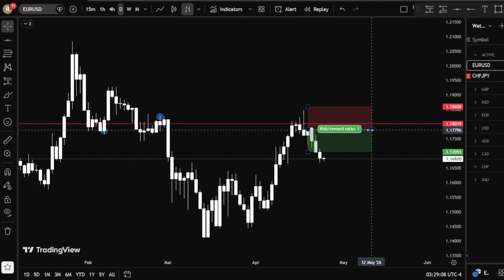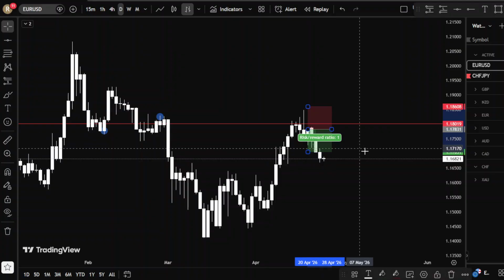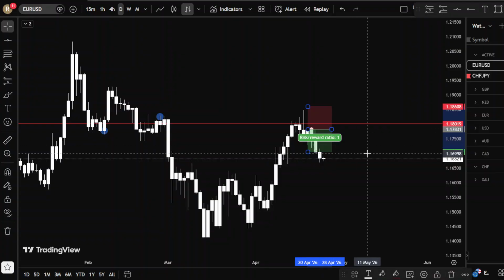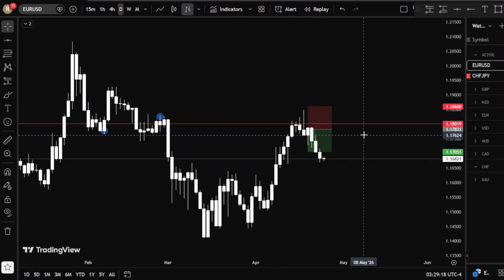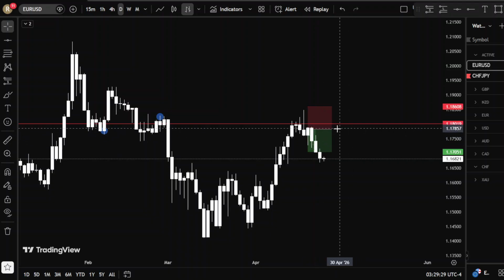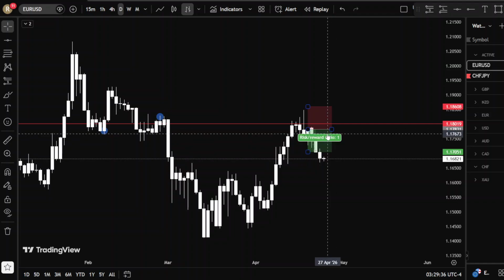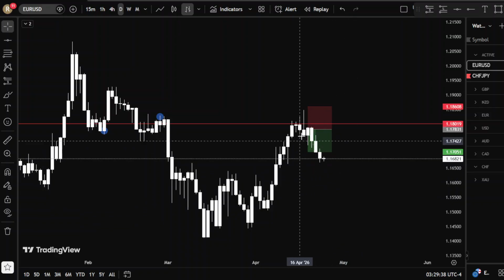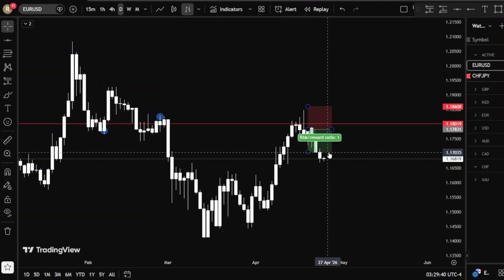But let's say you have $10,000 and you risk 5% on this EURUSD trade. 5% of $10,000 is very easy. It's going to be $500. So for this specific trade here, if you had $10,000 and you did the exact same thing as I did here, then you would have made $500 on this trade.